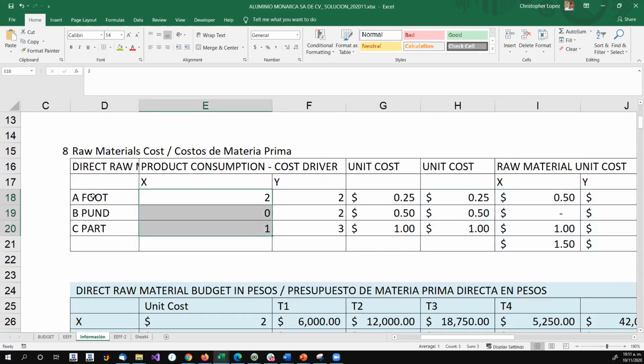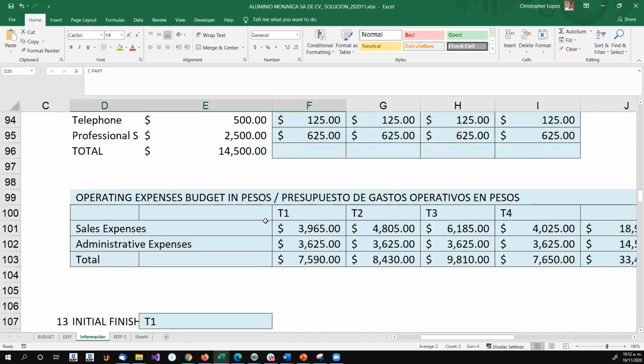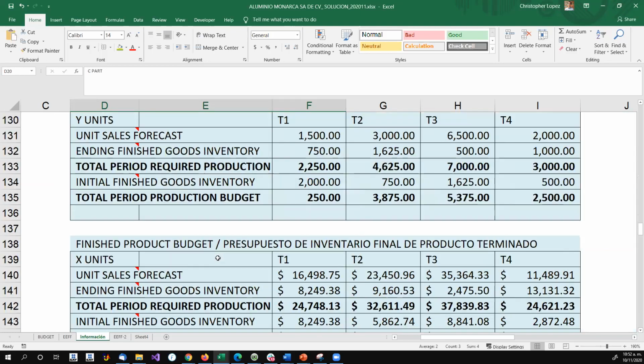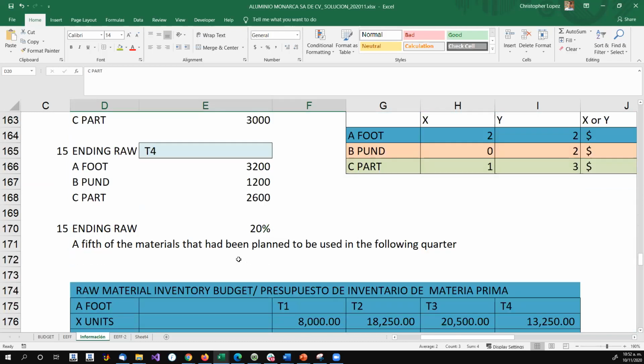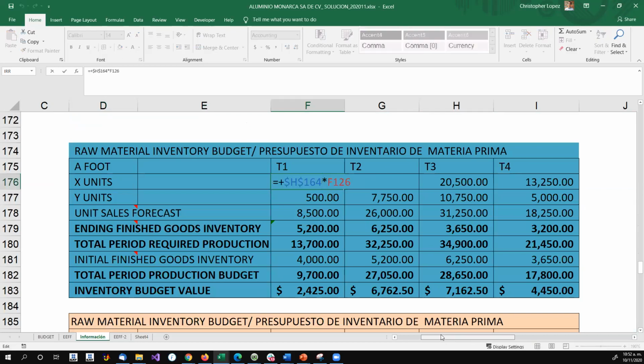So for example, product X and product Y share material A. Material B is only used by product Y, so that should be only for product Y. And material C is used by both of the products. So I'm gonna mix them inside the same table, because the information allows me to do that. And again, what I need to do is multiply.